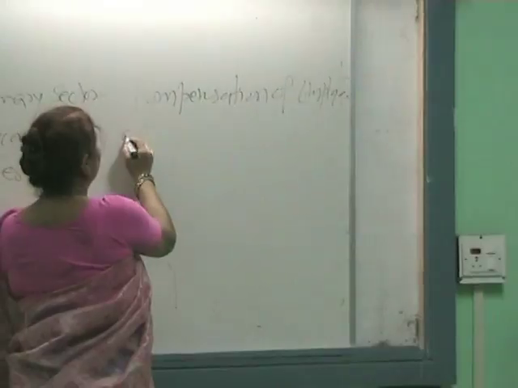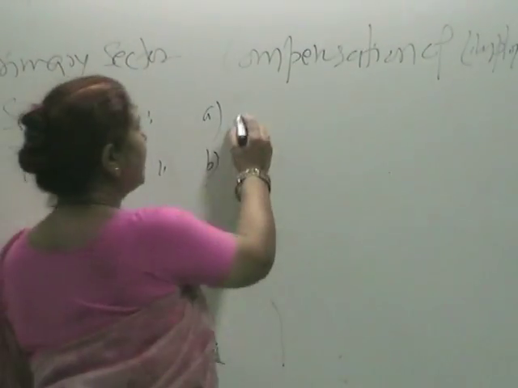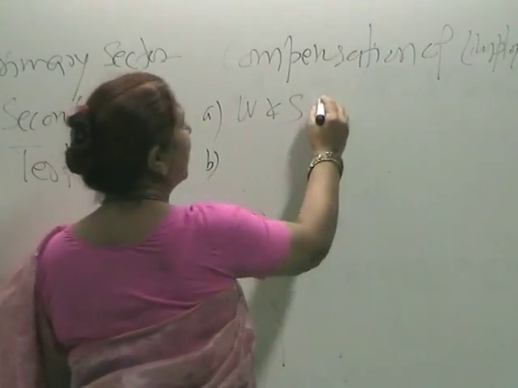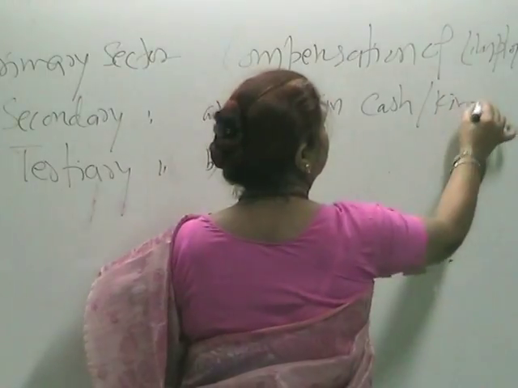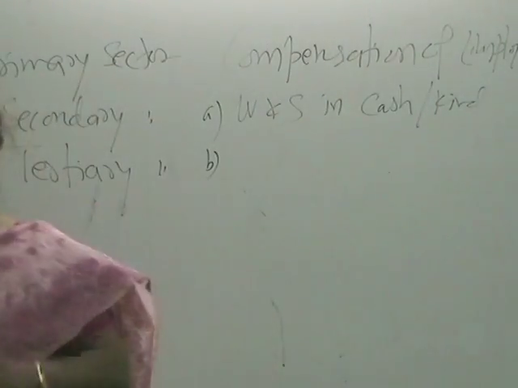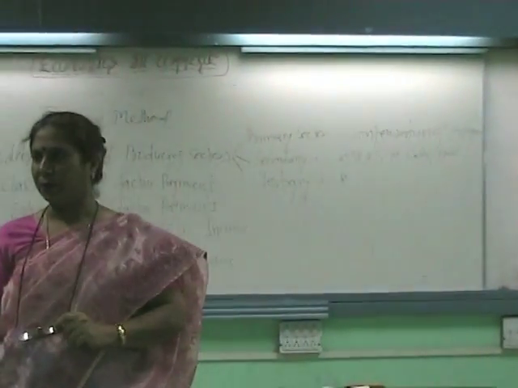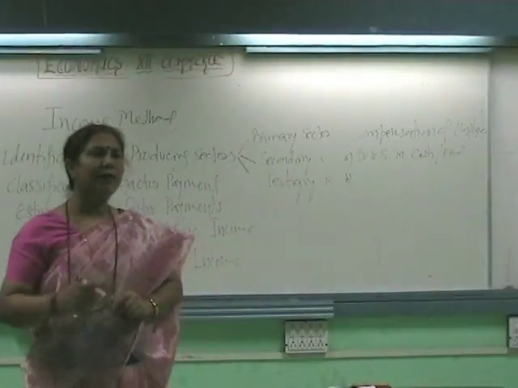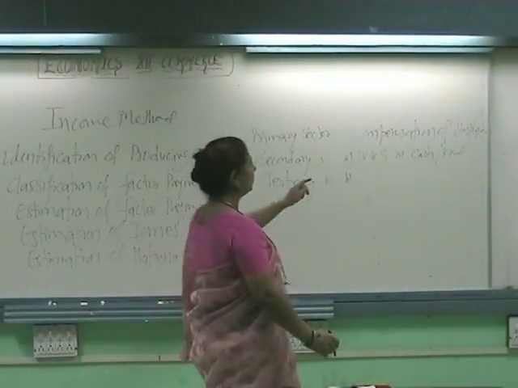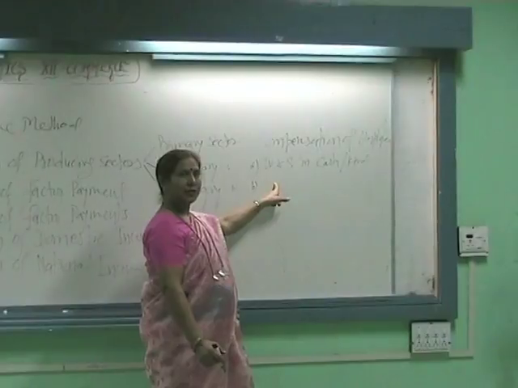It has two components. The first component is wages and salaries, which are paid in cash or in kind. You know, their father is working in the Air Force or in HAL. Now, whatever cash salary they are getting, that is one part.